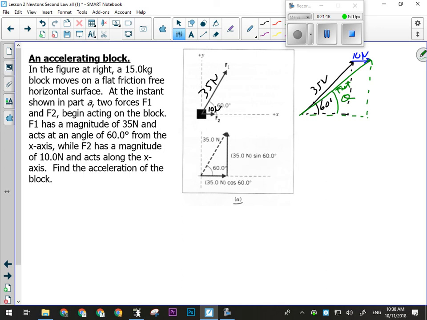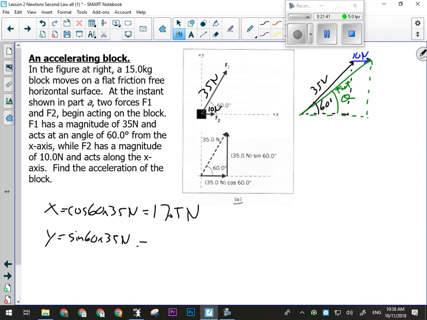All right, so what we've got to do in order to make that happen is find all the x's and y's. Okay, so the black, the 35 Newton one, black x is going to be the cos of 60 times 35 newtons. Okay, and the y component is the opposite side, so that'll be the sine of 60 times 35 newtons. Okay, so this should be 17.5 newtons.